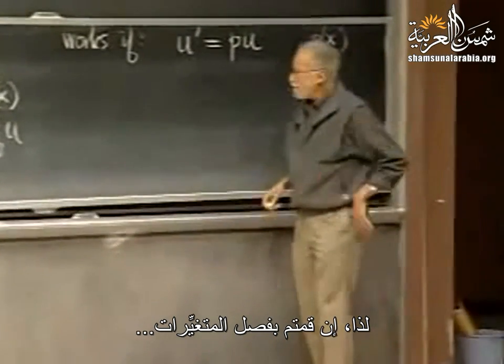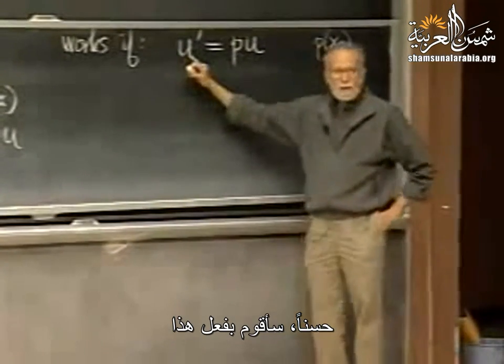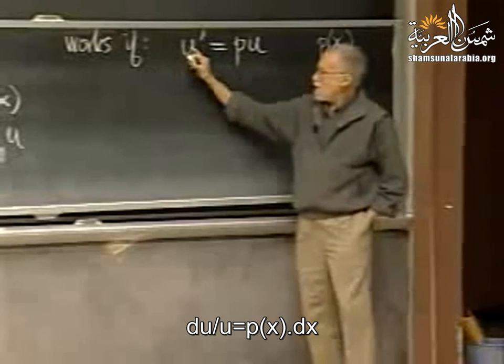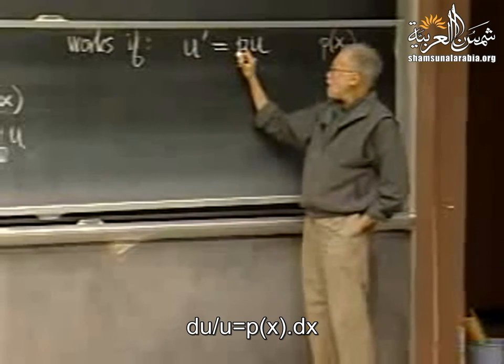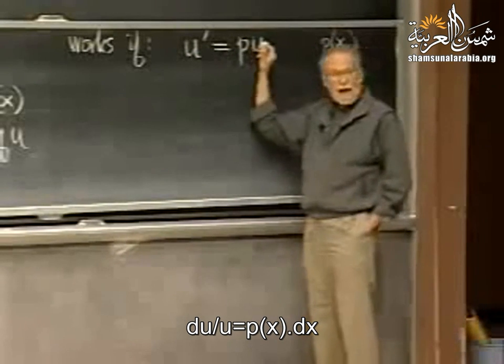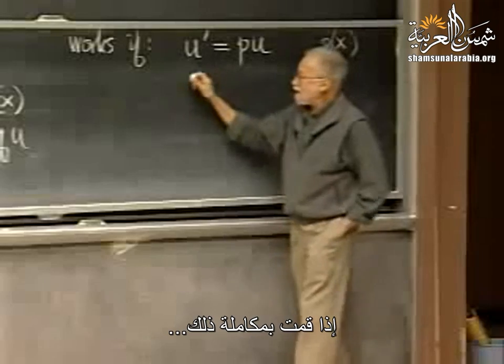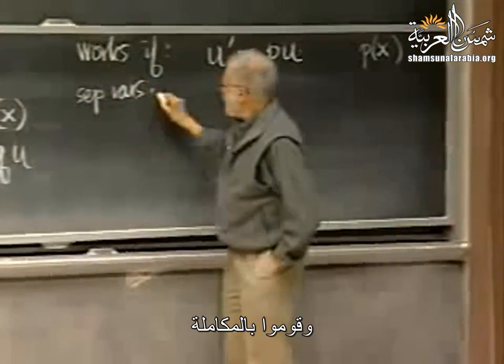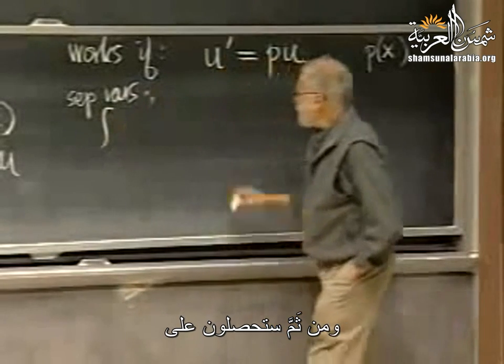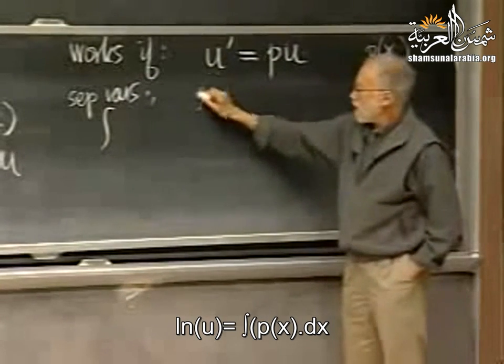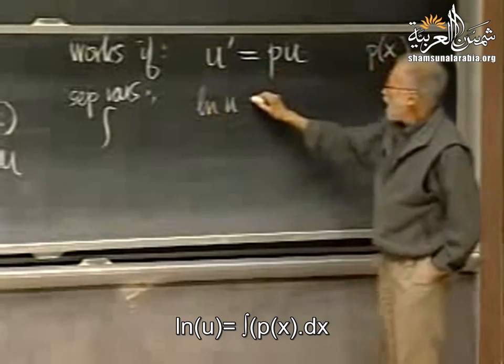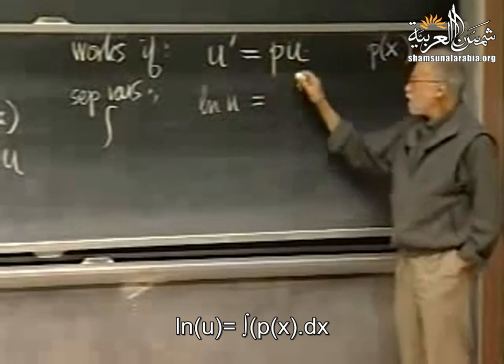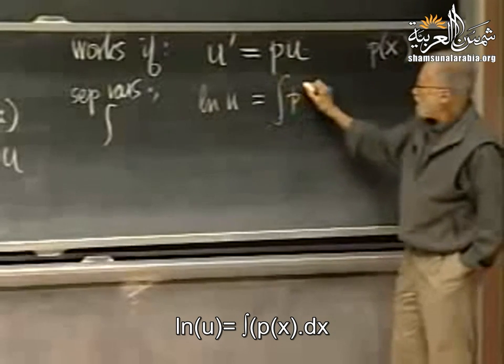So if you separate variables, I'm going to do this. What is it? du over u equals p of x times dx. If I integrate that, separating variables and integrating, du over u integrates to be the log of u, and the other side integrates to be the integral of p of x dx.